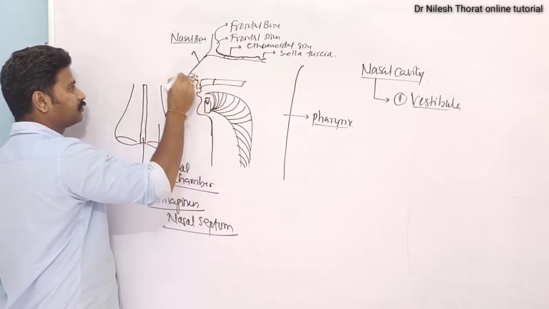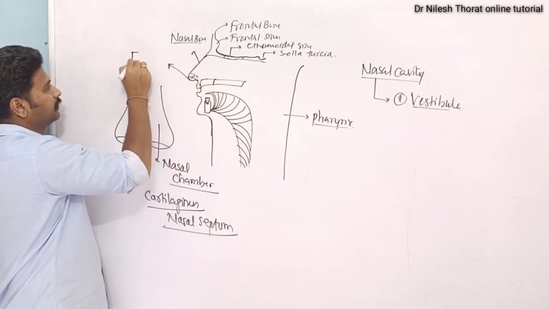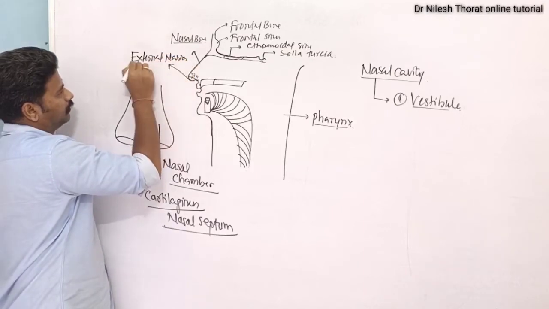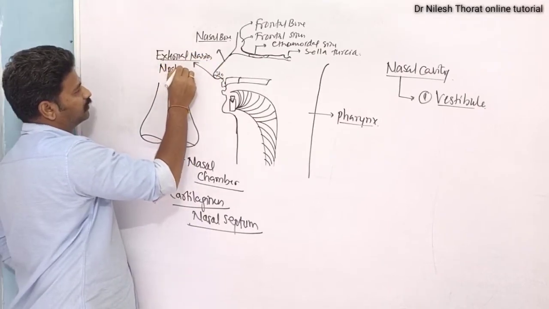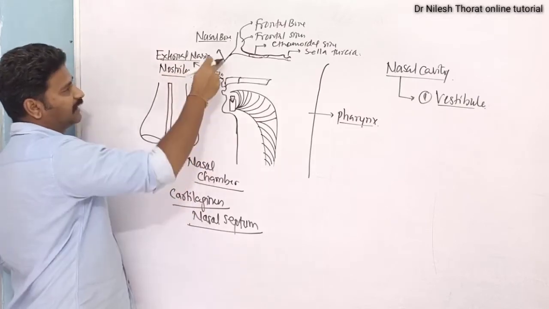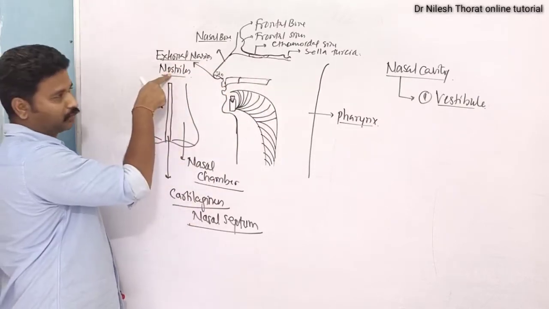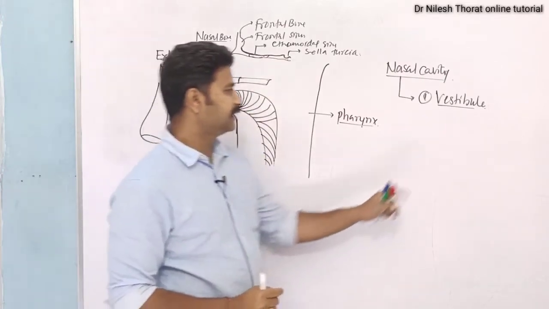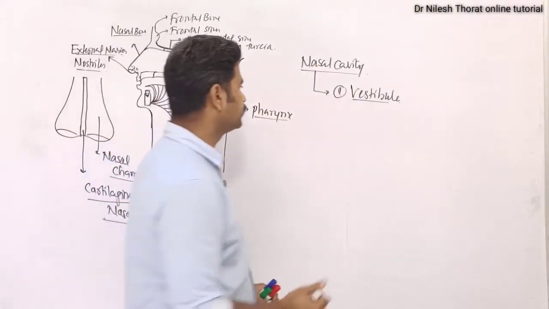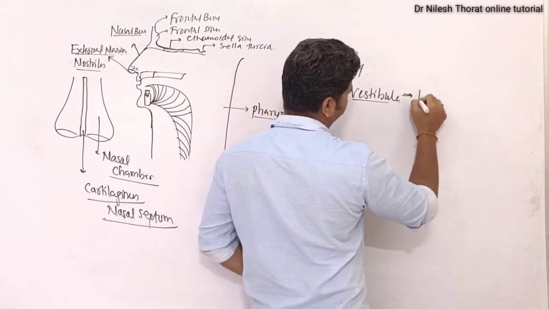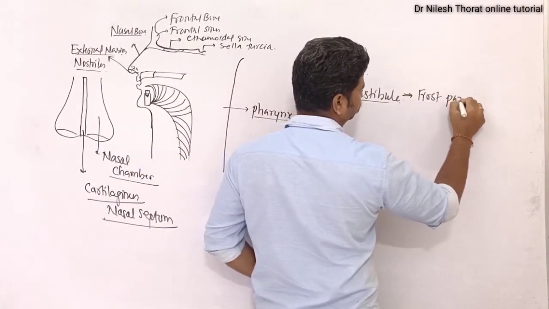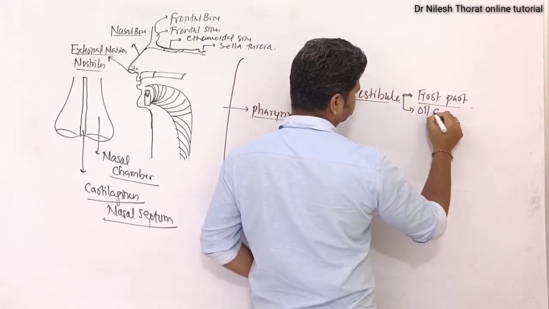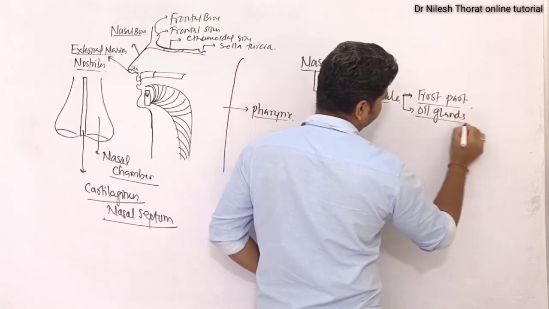These nostrils are also called as external nares. So a nasal cavity will start from nostril. The nostril will open into the first part of nasal cavity, that is vestibule, which will have oil secreting glands and hairs.